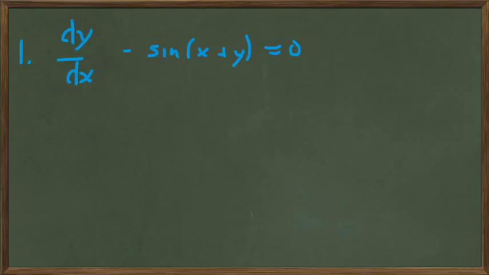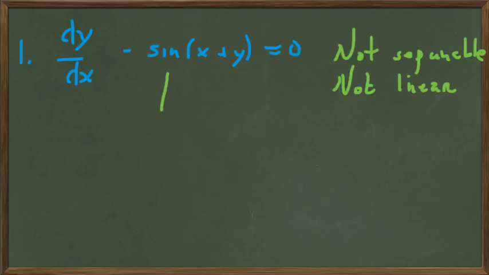So this first example we have here, which is taken from the exercise set, an even exercise in the first exercise set, is not separable. Sine x plus sine of the quantity x plus y cannot be separated out, and it's not only not separable, but it's not linear either.